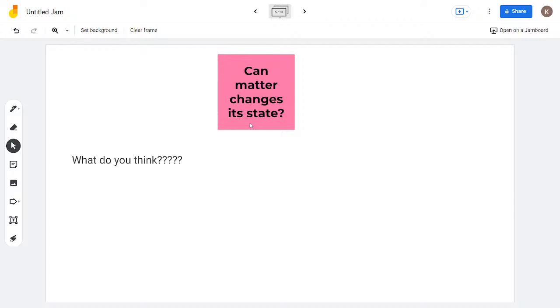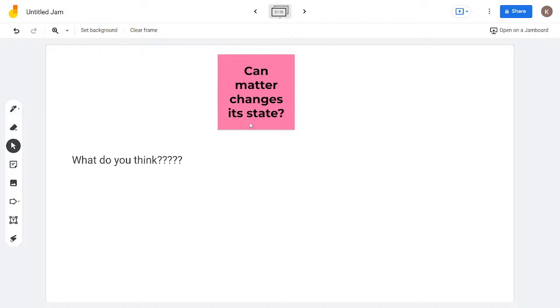We know that water exists in three states of matter. Water exists in the form of ice also. As solid, we can say water is in the state of solid, water is ice. In the form of liquid, water is water itself.